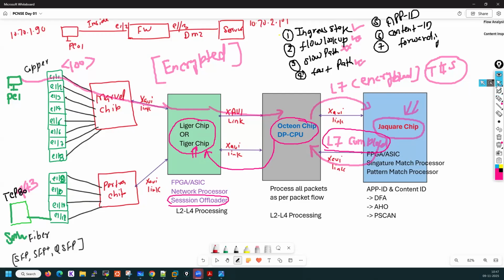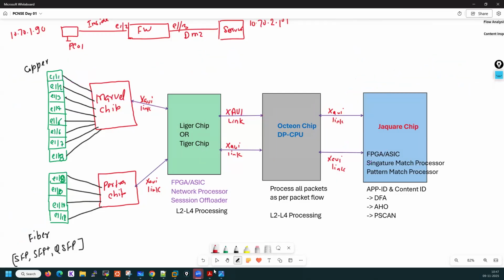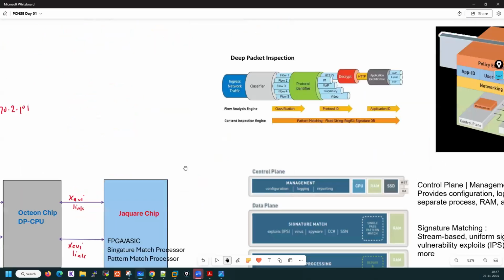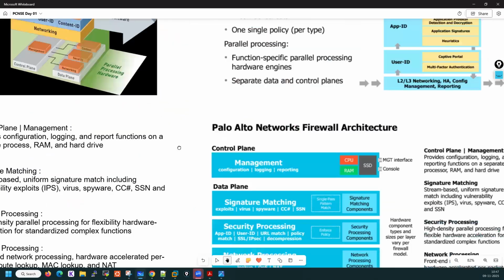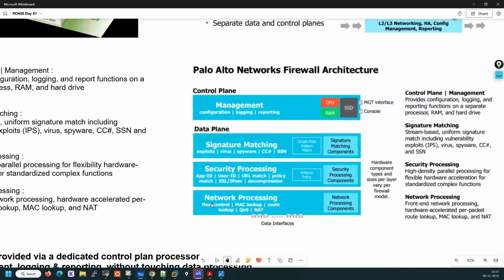Because guys, this chip is able to perform the flow control. If you remember here, it can do the flow control, right?